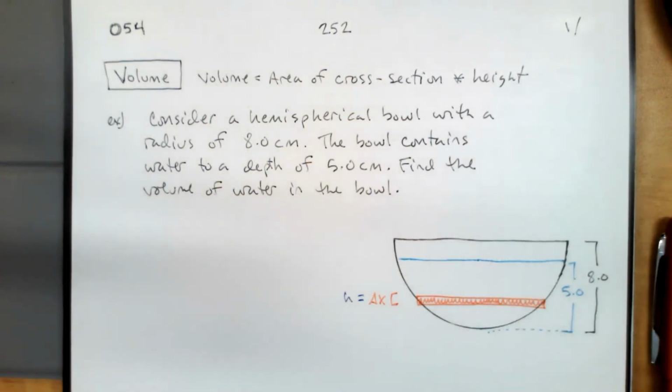When we look at this from the side, we see this rectangle for the slice. But if we look at this from the top, the cross section is a circle. So this is a hemisphere, and the cross section is a circle.